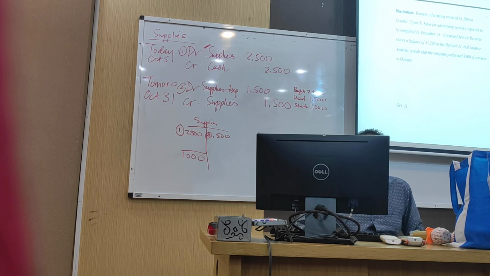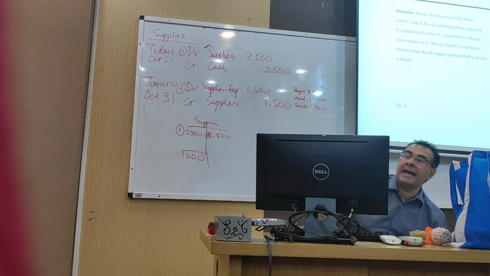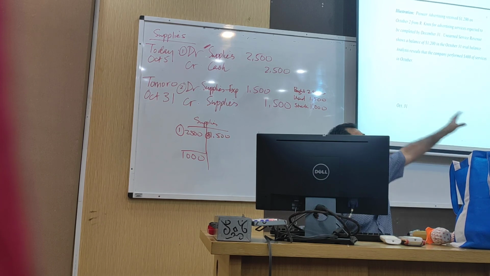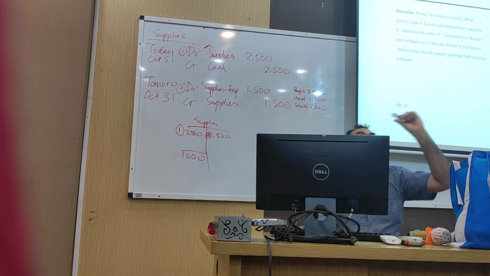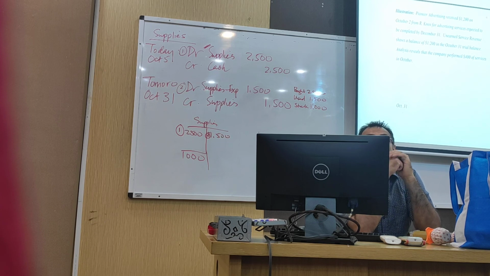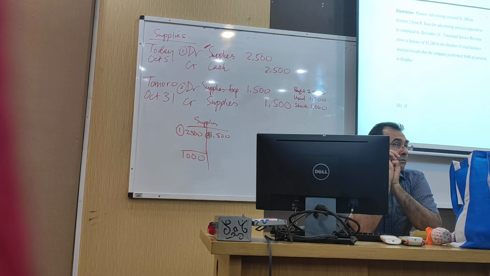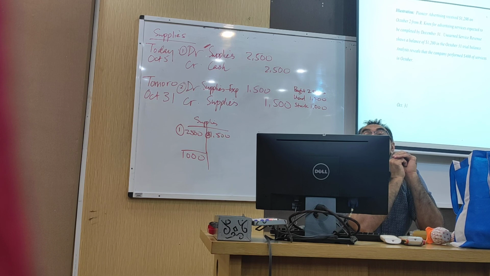So in this example, today, which is October 2nd, I would have debit my cash account and credit my unearned revenue. Why is it unearned on October 2nd? Because I have not done the work yet, but they give me an advance payment.